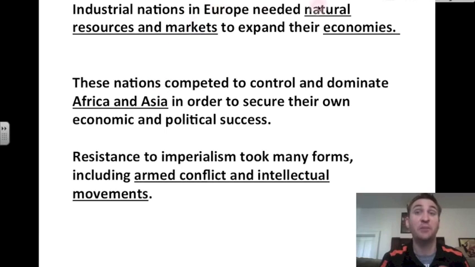Industrial nations in Europe needed natural resources and markets to expand their economies, and these nations competed to control and dominate Africa and Asia in order to secure their own economic and political success. However, resistance to imperialism, and there was resistance, took many forms, including armed conflict and intellectual movements, fighting with ideas.